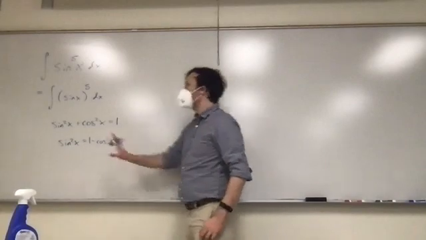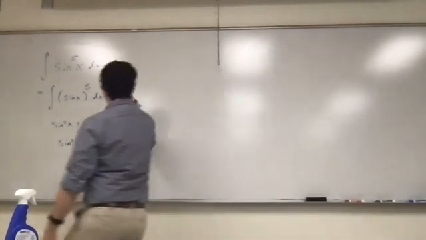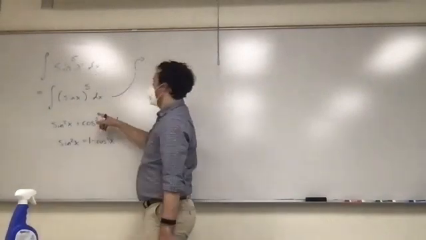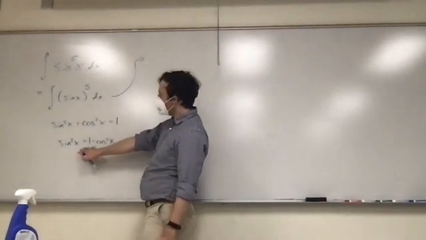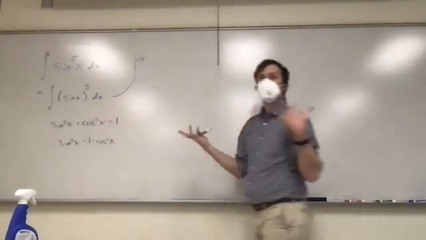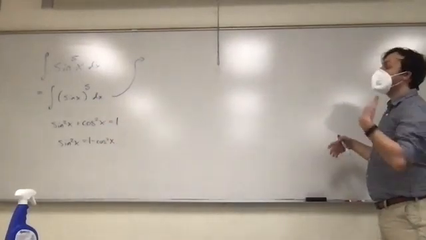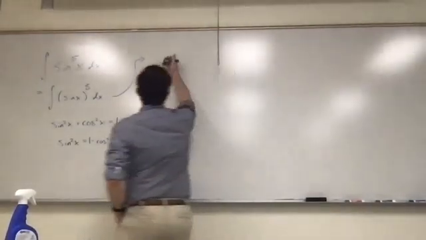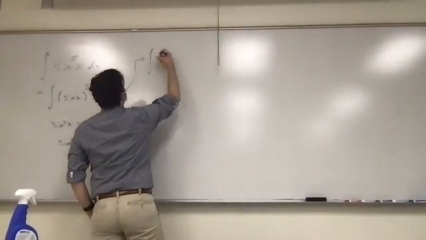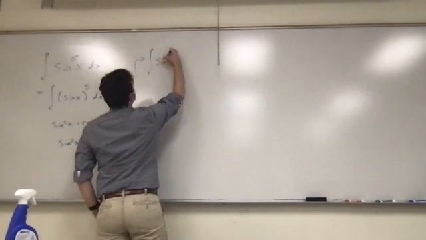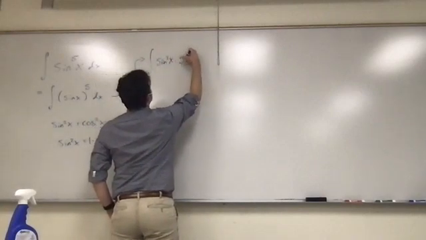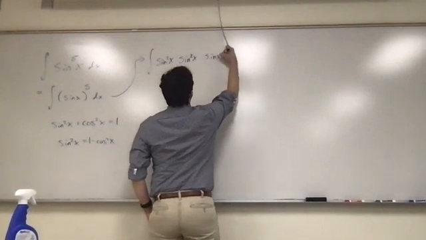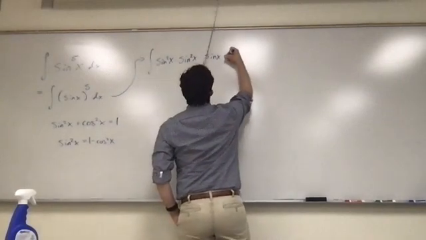So this will help us get that mix. In order to use this, we need some sine squareds to show up. And that sine to the fifth, we can break apart into 3 different factors: there's one sine squared, there's another sine squared, and then there's a single sine left over.